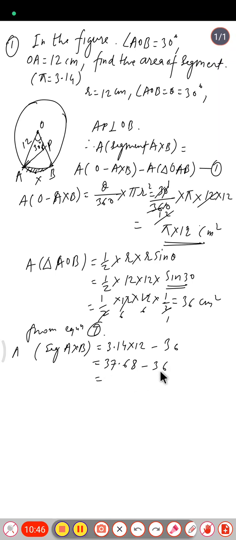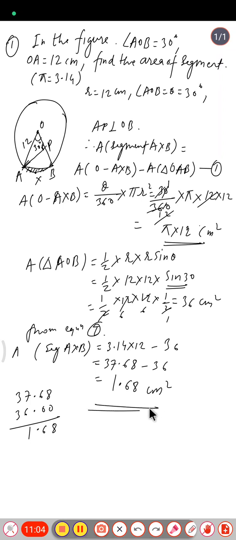So if you want to solve such a sum, we get 37.68, and we have the 36, we write the 36 here, so we get 1.68 centimeter square. This is the required answer of the area of segment, right? This is all about the first one. You can also find it by another method.